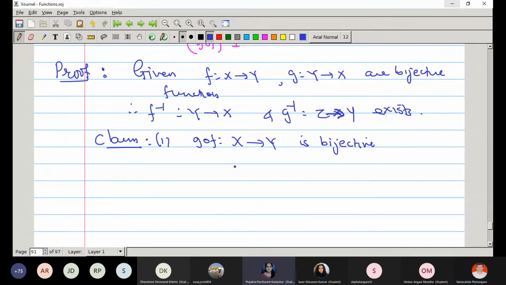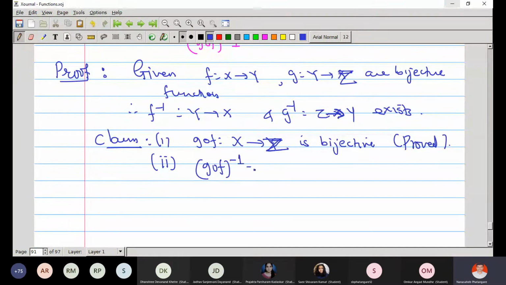The function g is from Y to Z, then g inverse is from Z to Y. So our first claim is that g composite f is bijective, which is already proved in the previous discussions, right? What is the second claim?